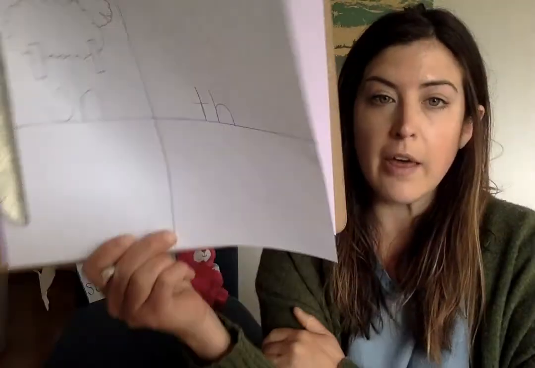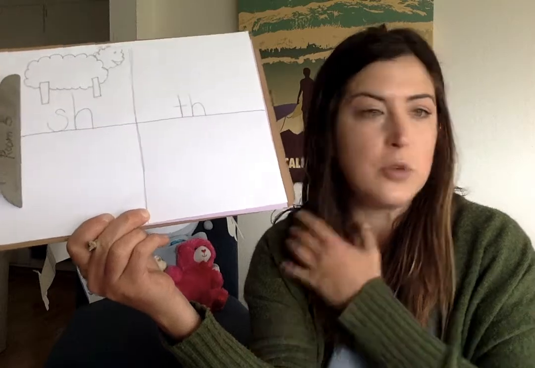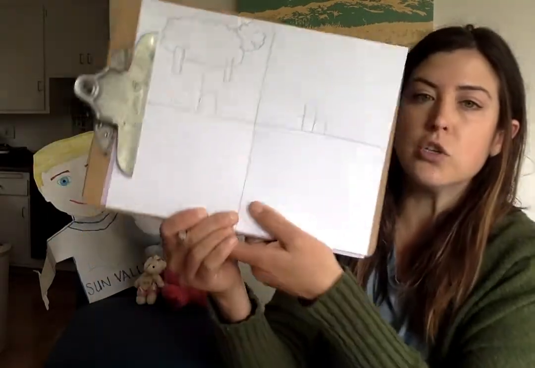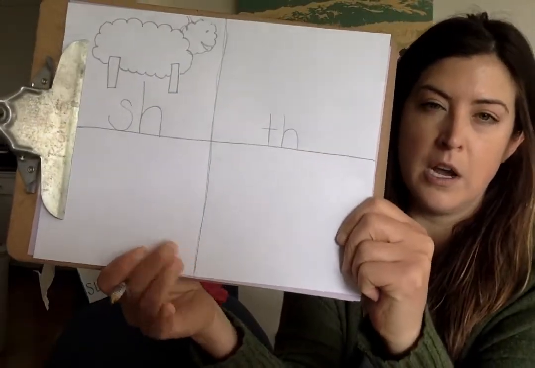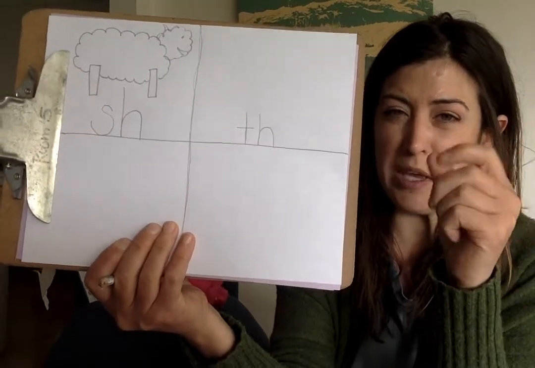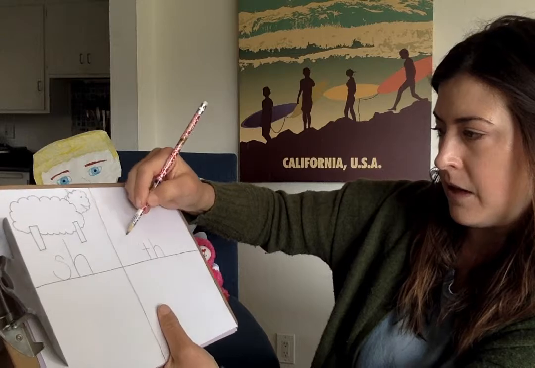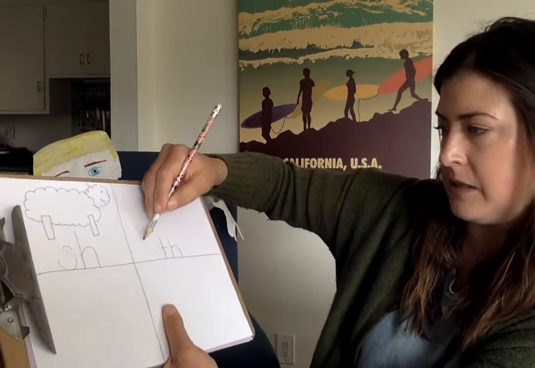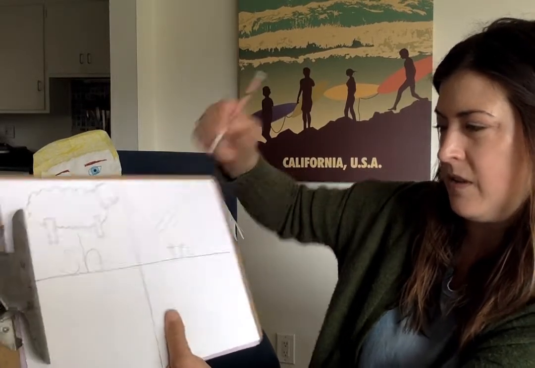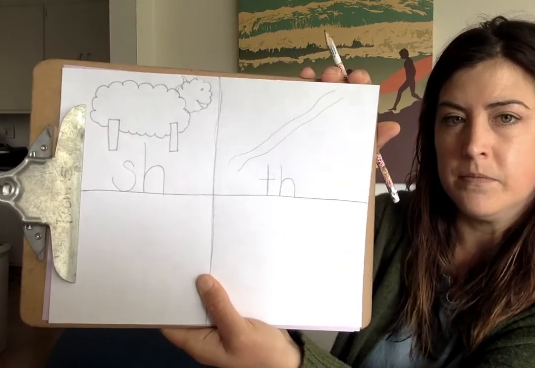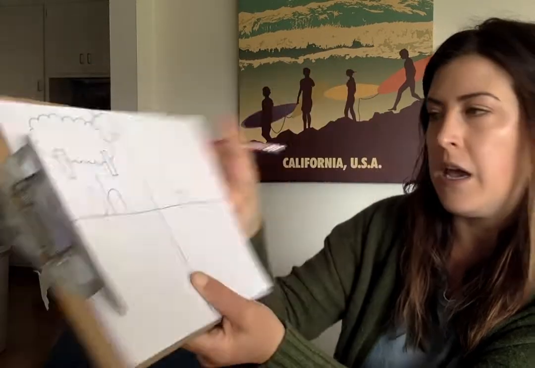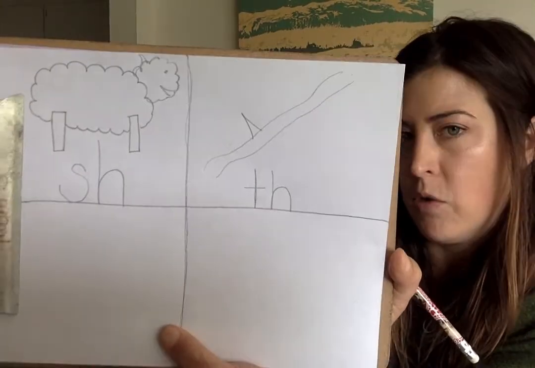If you want to draw a thumb, that's what we have in our classroom. You can draw a thumb. I'm going to draw a thorn. A thorn is like a little pokey part of a plant. So to do that, I'm going to draw like a plant stem. And then I'm going to make just like a sharp triangle on it. There's my thorn.